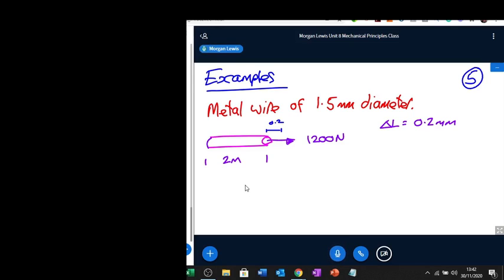We need to work out stress, strain. So we need to find stress. We need to find strain. And we need to find Young's modulus.